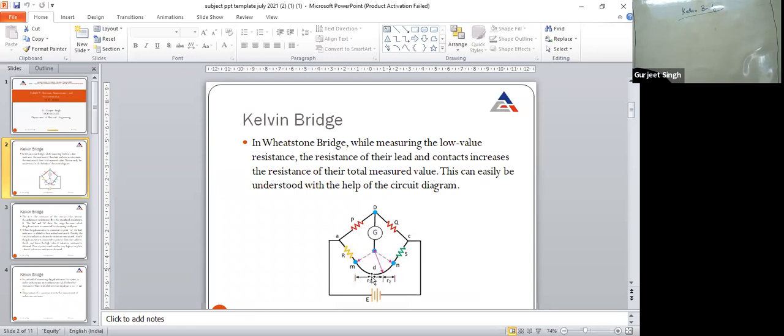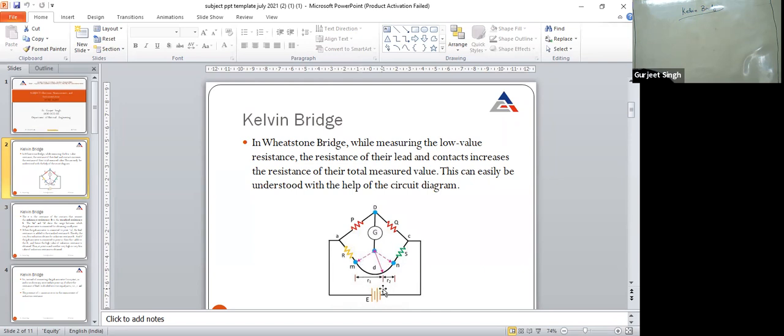The resistance of this M to N, that is the small r resistance, is added to this capital R resistance. We have to measure this R resistance, and the small r resistance from the point M to the point N is added into it.